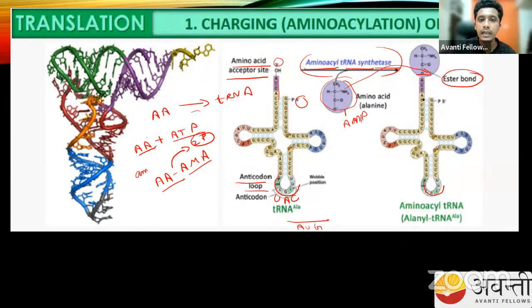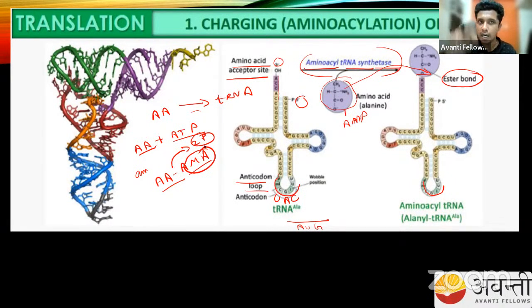Why do we say tRNA is charged? Because the same AMP is helping in the creation of polypeptide chains. It is energizing the reaction of attachment of amino acids. That is why we say tRNA is charged.